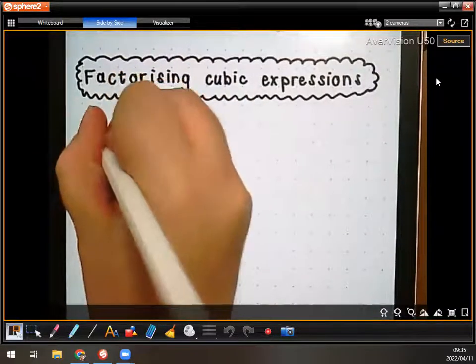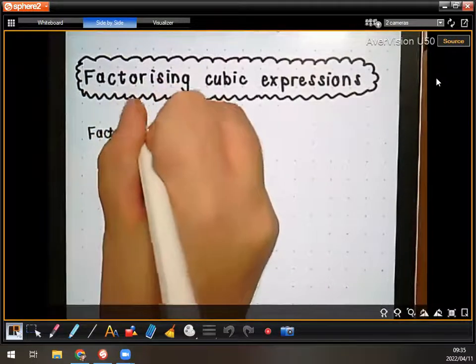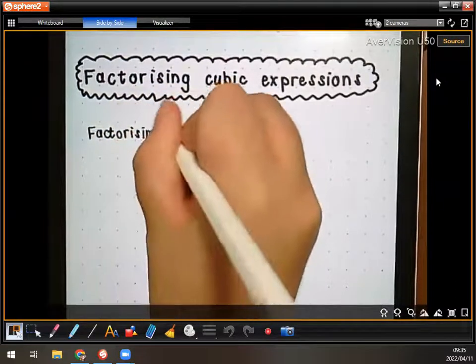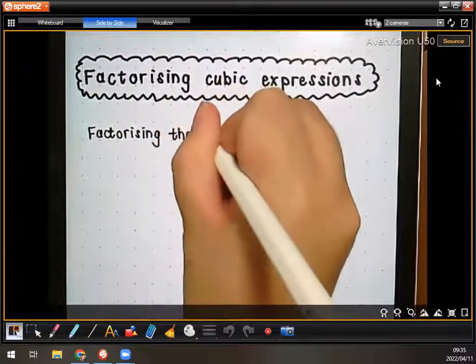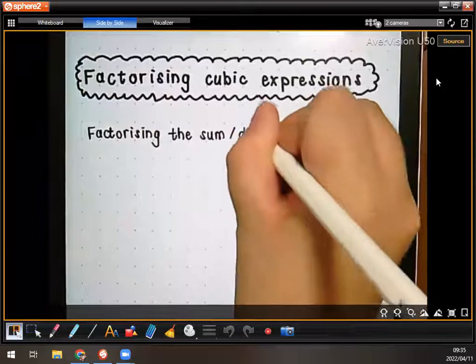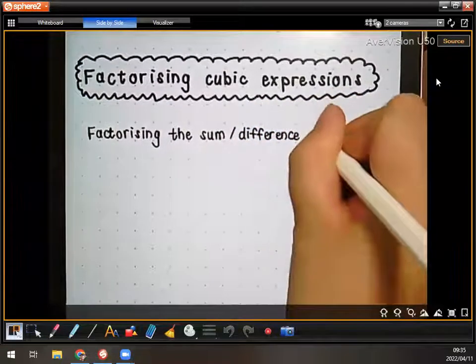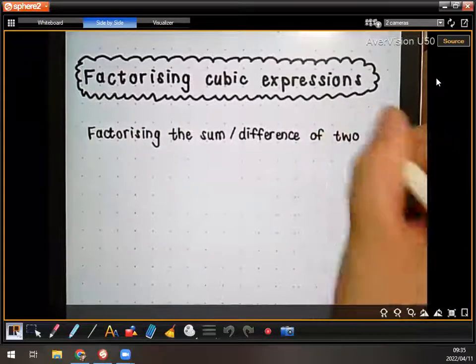Guys, in grade 10, you learned how to factorize the sum or difference of two cubes.